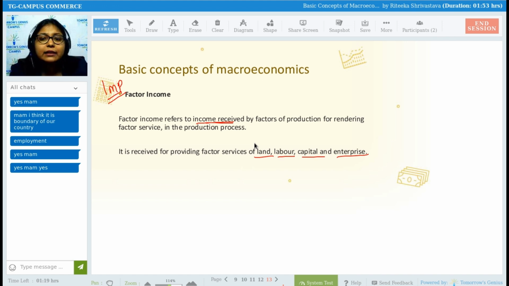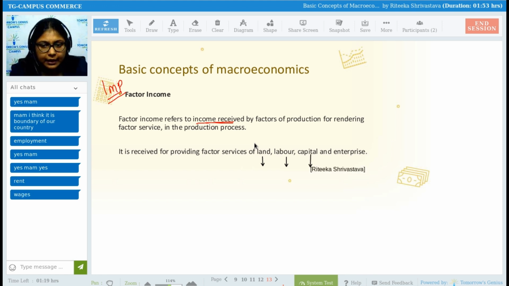What is the return we get from land? What do we get from land? Okay, we get rent. From labor? Yes, wages. Capital?